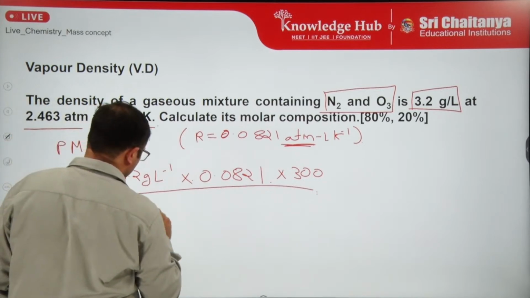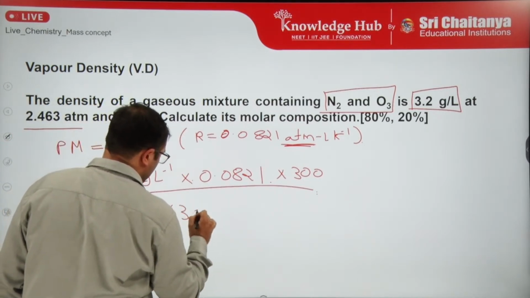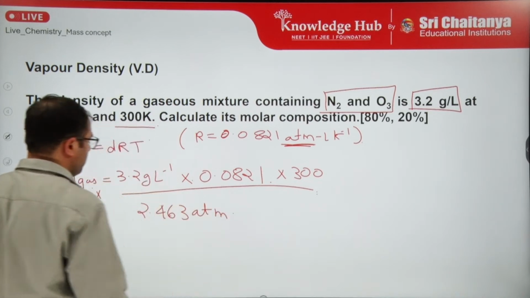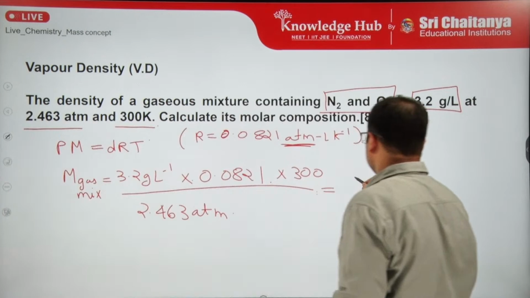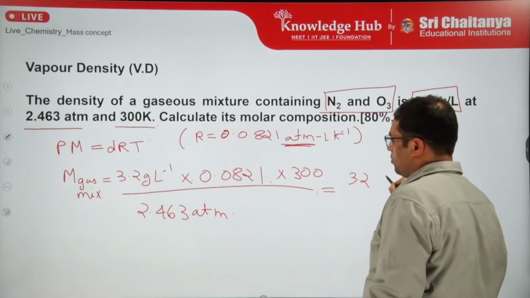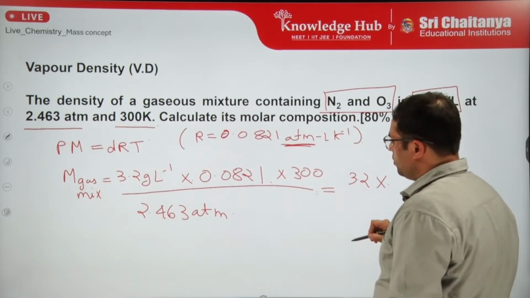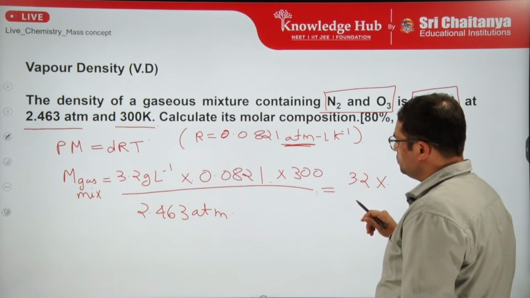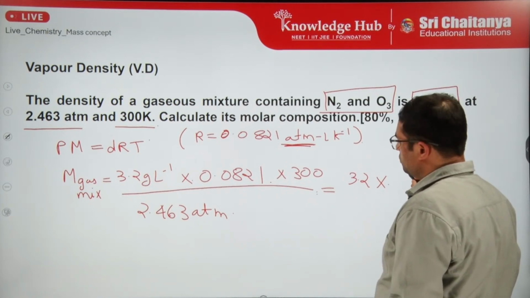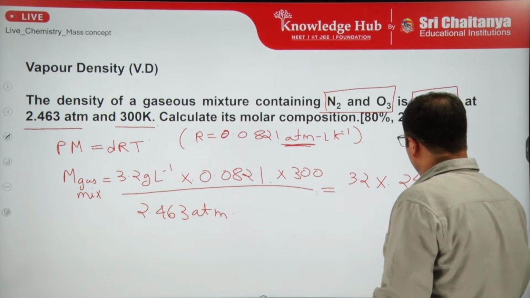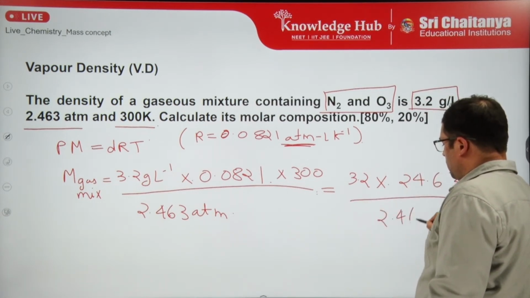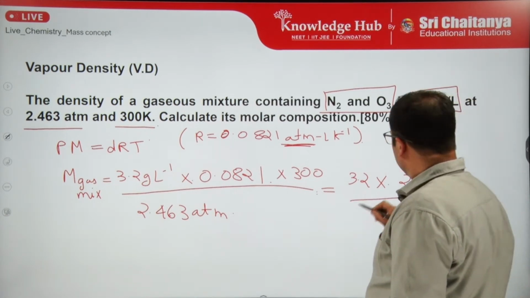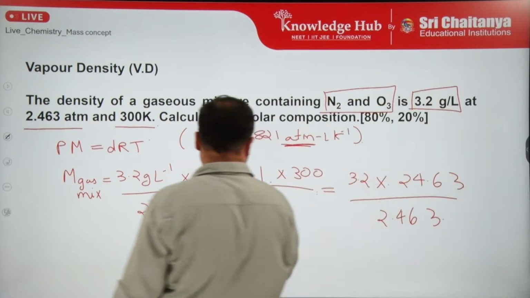Pressure is 2.463 atm. Right. If you multiply these terms, you will get around 24.63, right? You will get around 24.63.